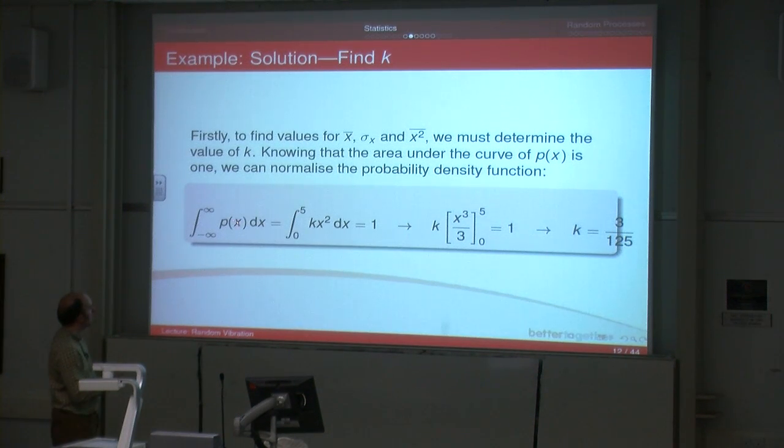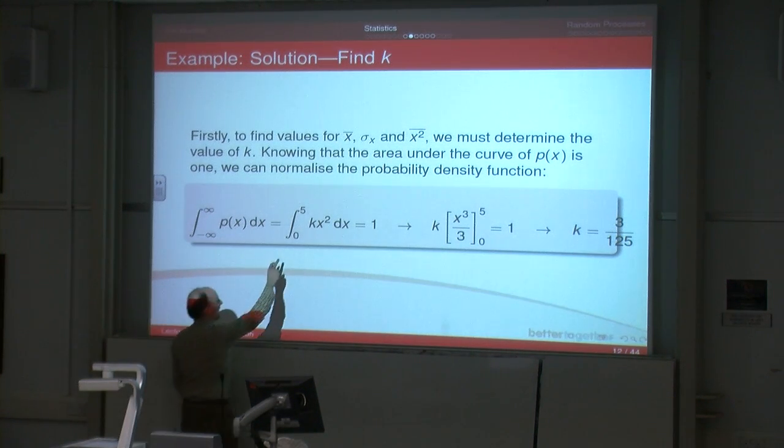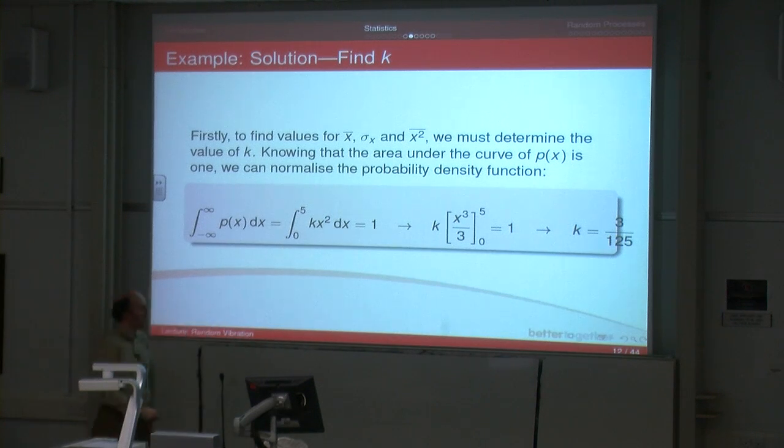We know that this function equals 1, because we've got a 100% chance that our eccentricity is between 0 and 5 millimeters. And so we plug in our function, kx squared dx, you take the integral of that between 0 and 5, you know that equals 1. Well, the integral of x squared is x cubed divided by 3, multiplied by k, which is a constant, between 0 and 5.